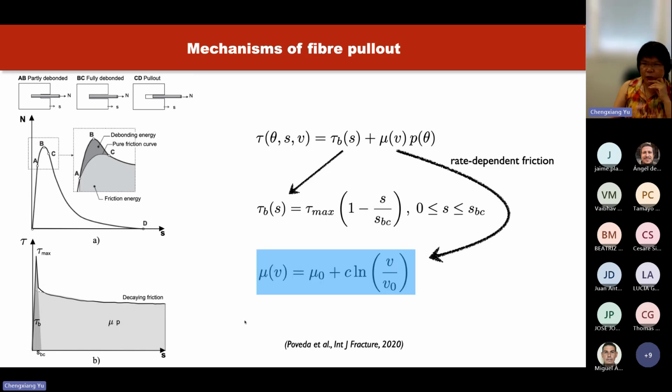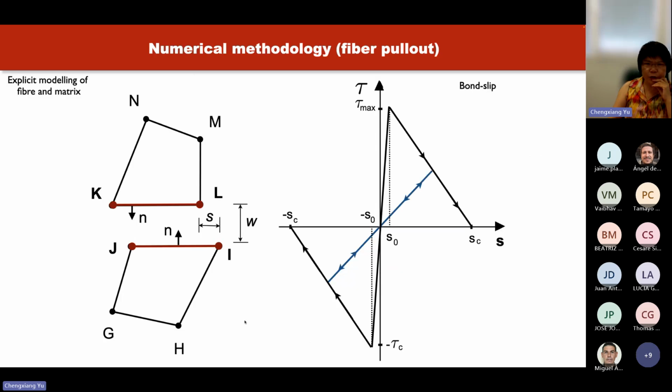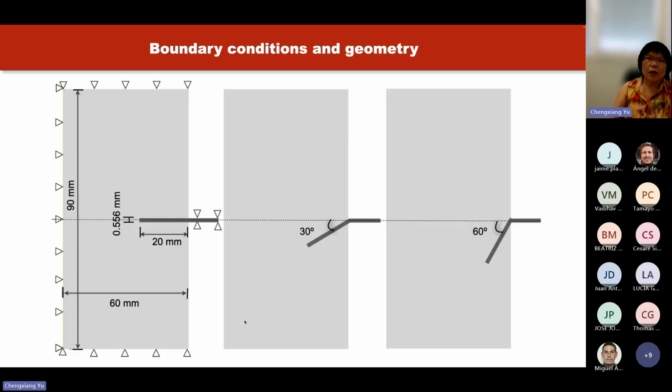By this we can model the rate-dependent friction. In the 2D case, we explicitly model the fiber-matrix interface, and you have both the slip in the positive and negative directions, and then the compressive part is a penalty that works just as a normal compressive element.